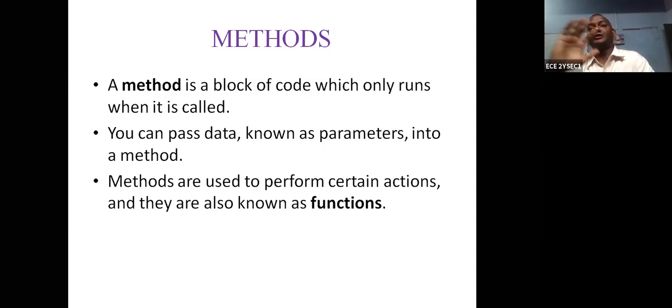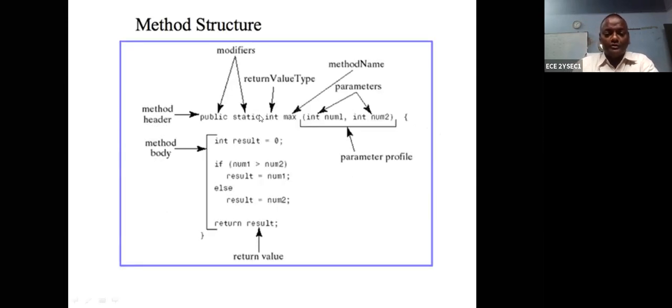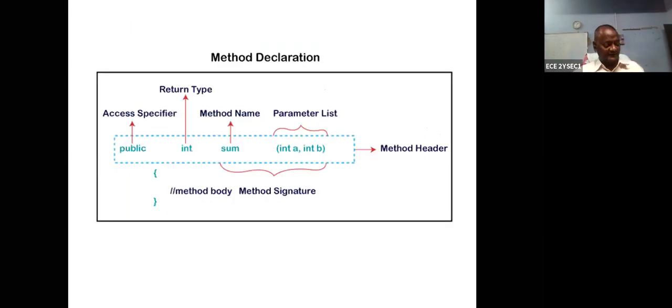You pass those values to the subprogram, then the subprogram accepts the arguments from the main program, executes, and returns the value corresponding to the execution of the function. Okay, right. So that's why this is called a method. Simply, it is a method.